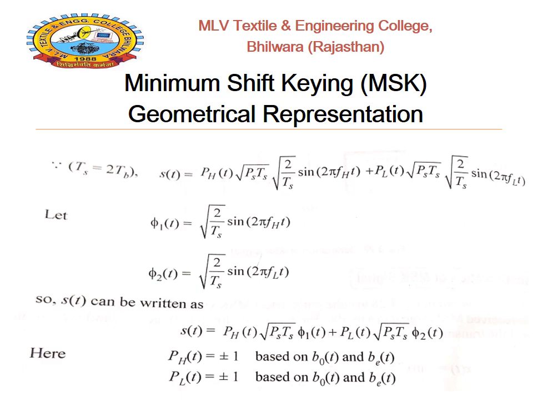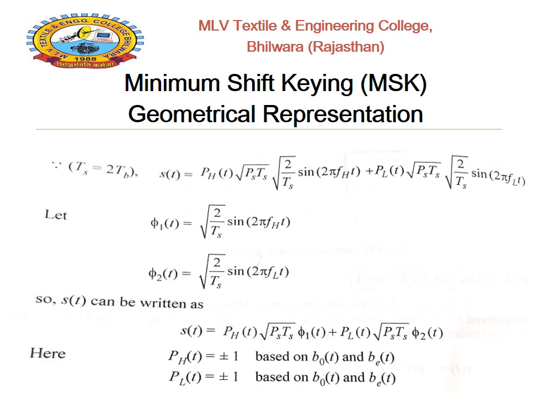Basically it is associated with the two components phi 1 of t and phi 2 of t. Phi 1 of t is related to the higher frequency component F_H of t, and phi 2 of t is related to the lower frequency component F_L of t, and S of t is the combination of the higher frequency component and the lower frequency component.